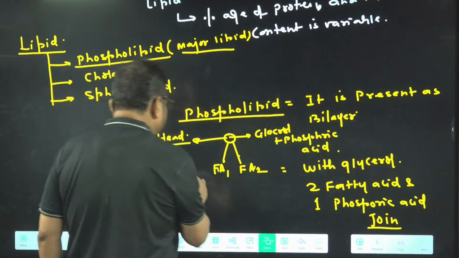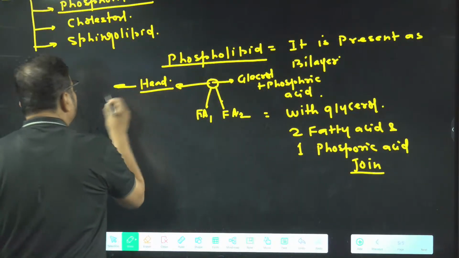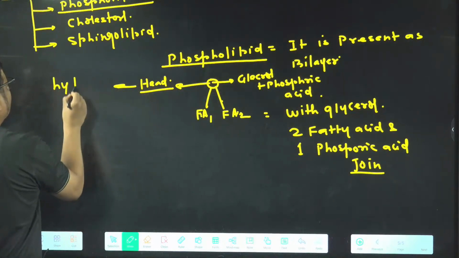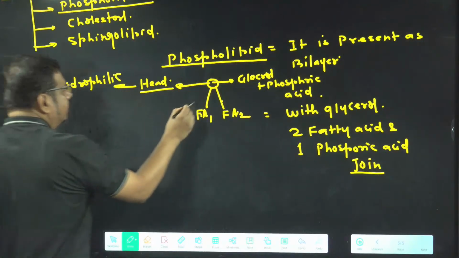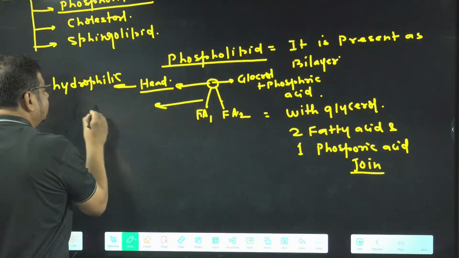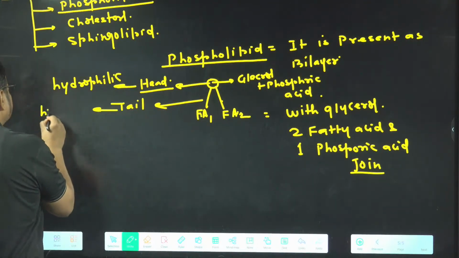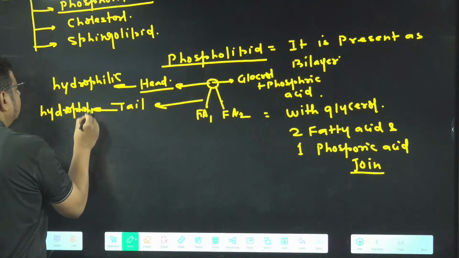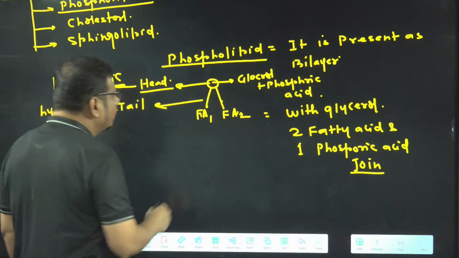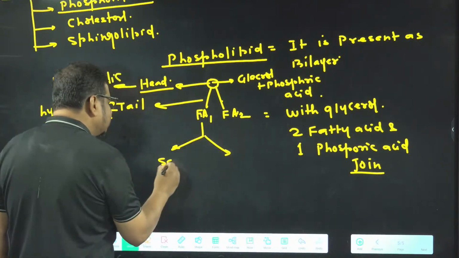So have a look here. The head of the phospholipid bilayer is hydrophilic. And the tail part, this fatty acid chain, is called the tail, and this tail is hydrophobic. These hydrophobic fatty acid chains may be saturated or unsaturated.